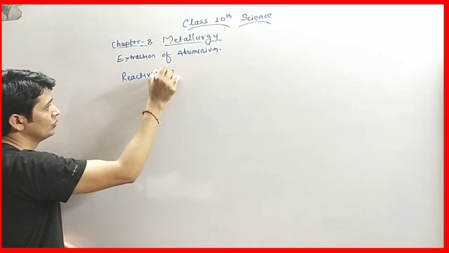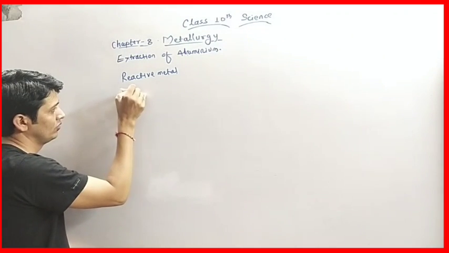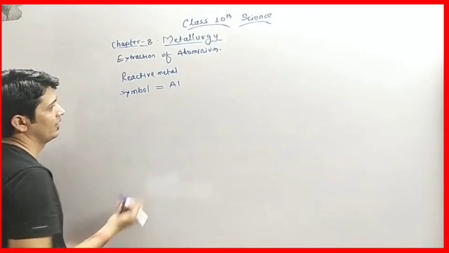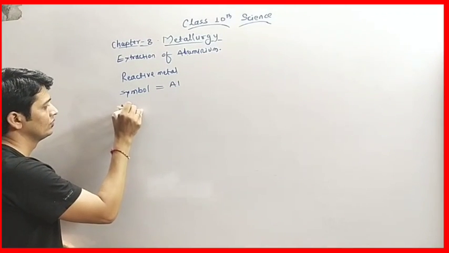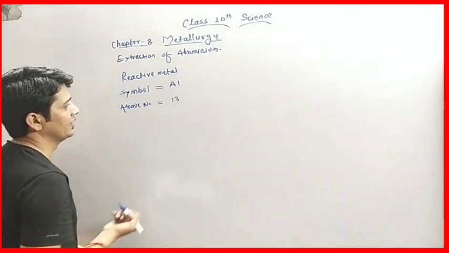Reactive metal. Okay. Its symbol is Al. Its atomic number is 13.